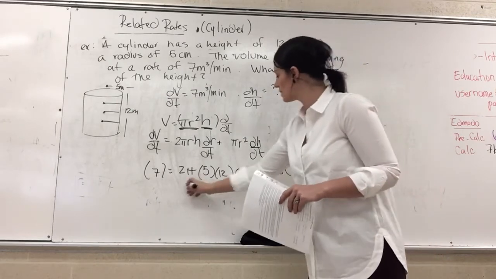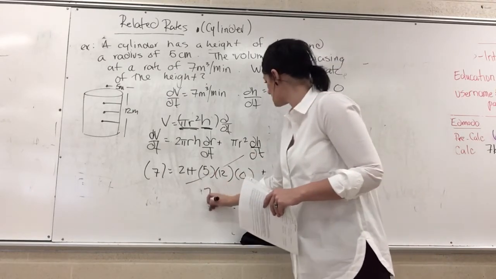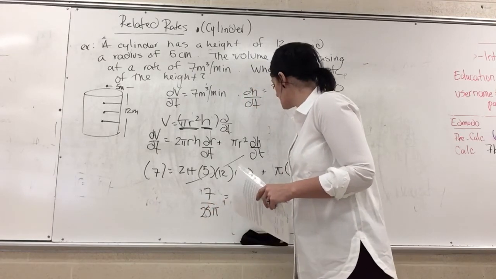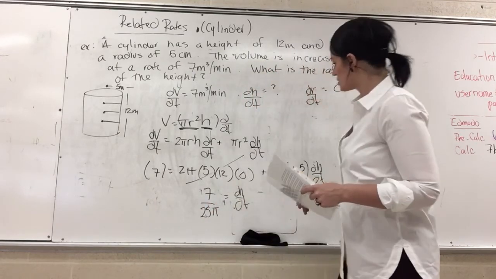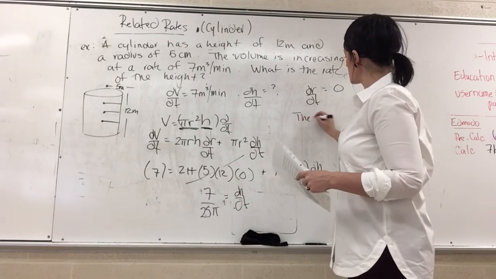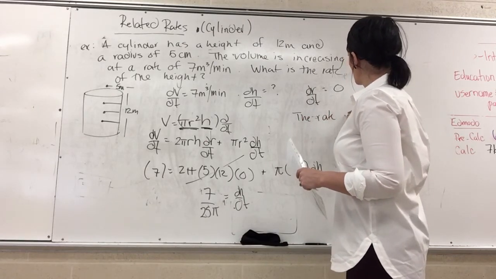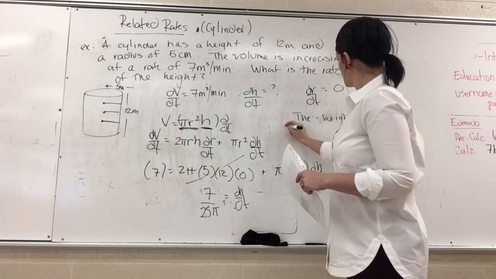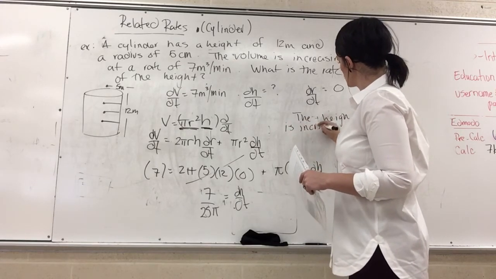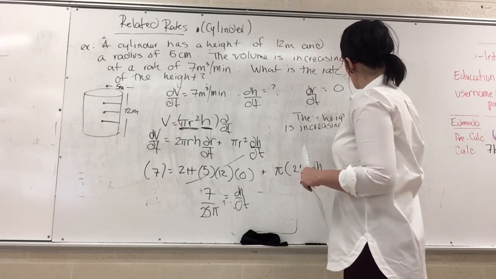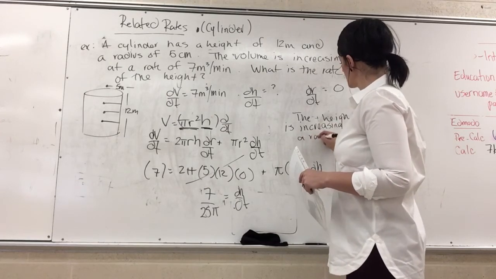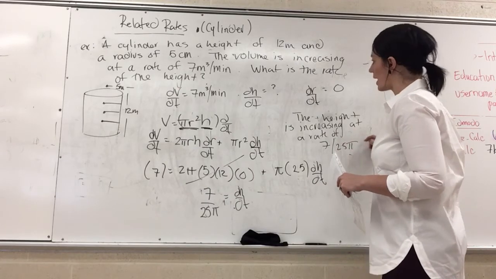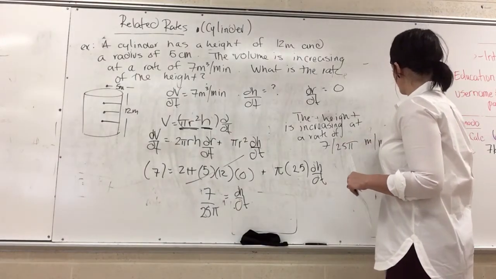So this whole first part ends up being 0, then I rearrange, so 7 over 25 pi equals dh/dt. Remember we need a sentence: the rate, the height is increasing at a rate of 7 over 25 pi meters per minute.